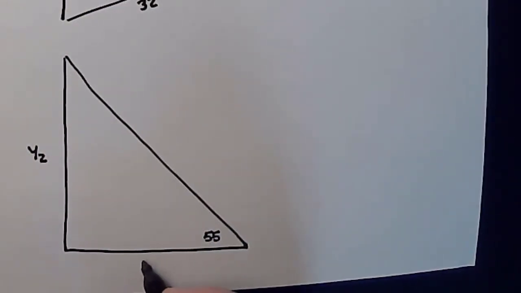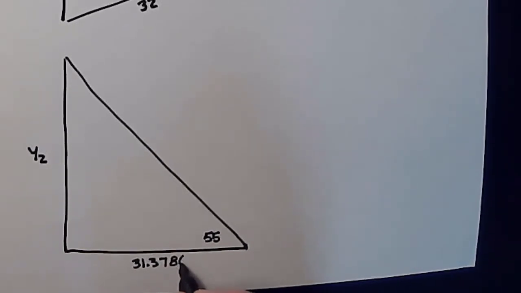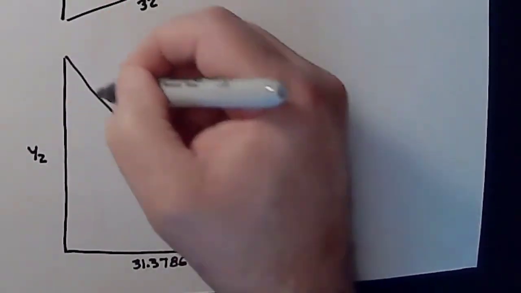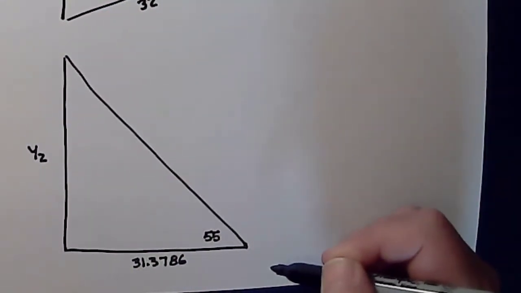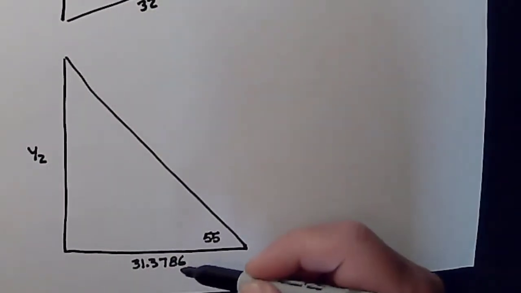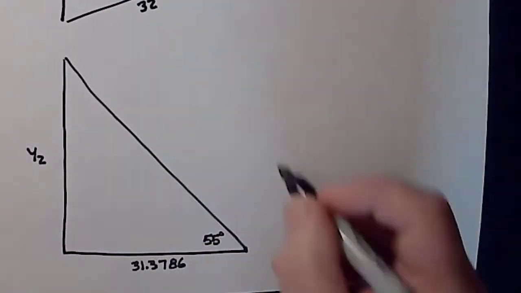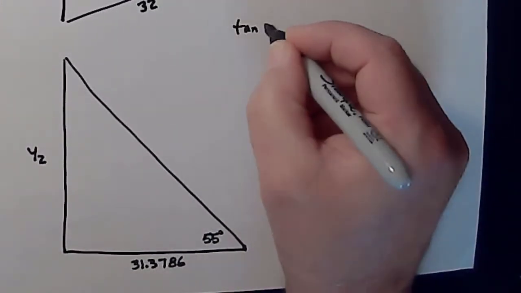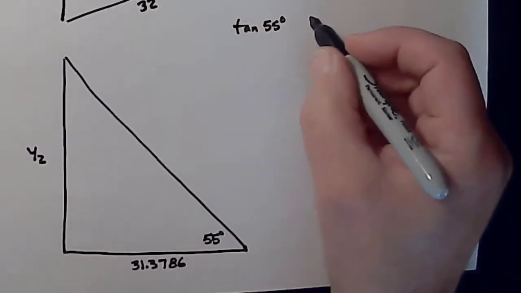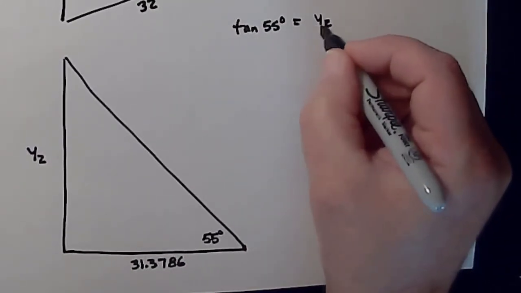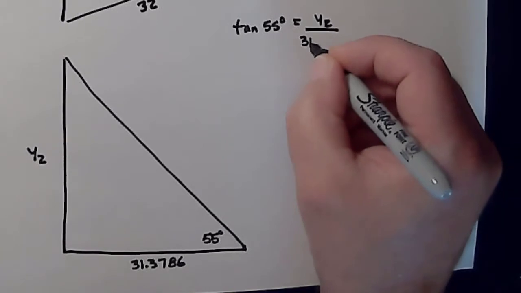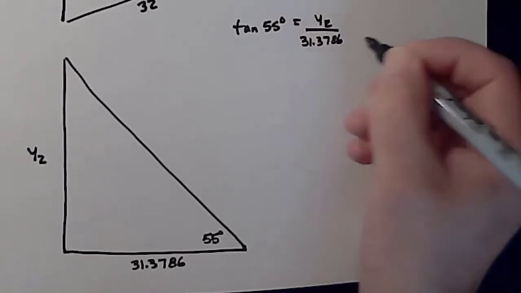This side I just calculated is 31.3786, and I could calculate this length, but I don't really need to, because I know that y2 over 31.3786, opposite over adjacent, equals the tangent of 55. So the tangent of 55 degrees equals y2 over 31.3786.